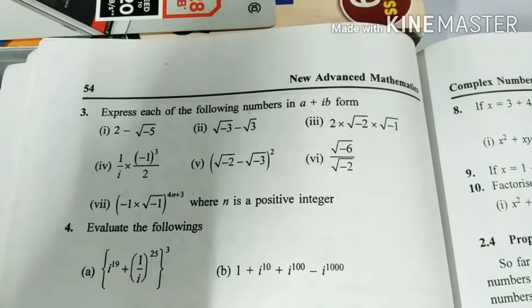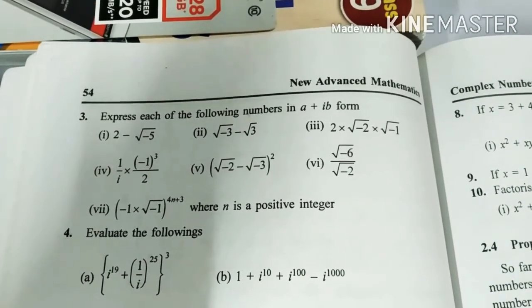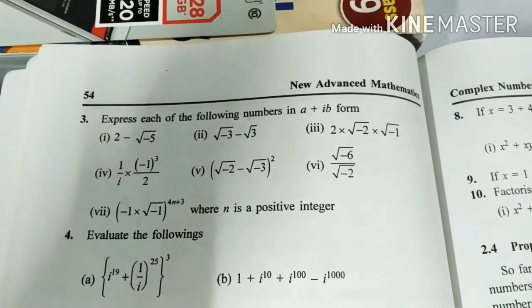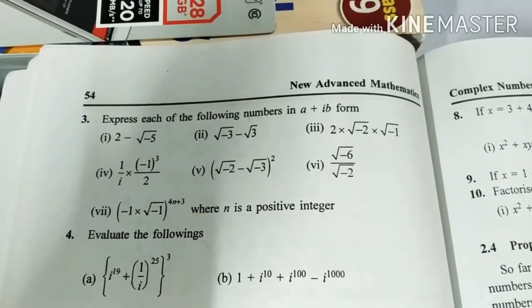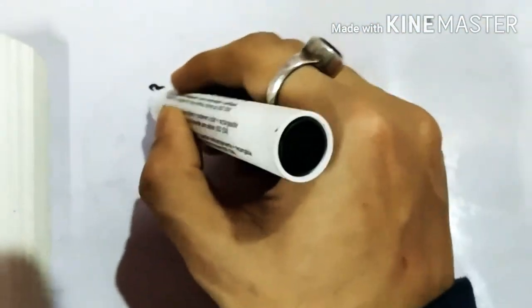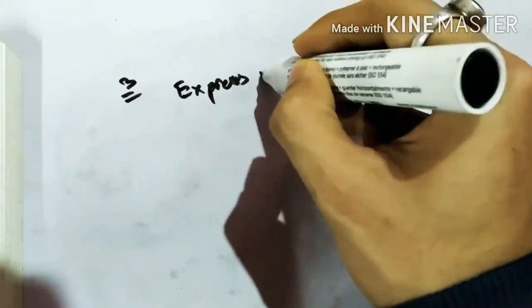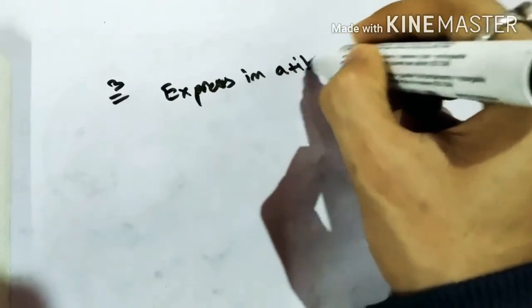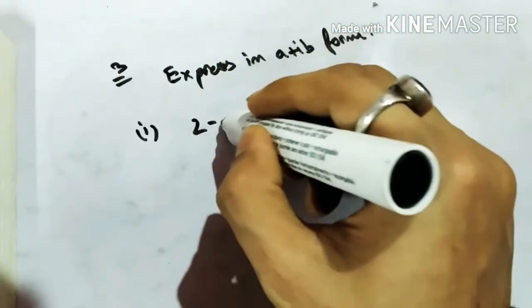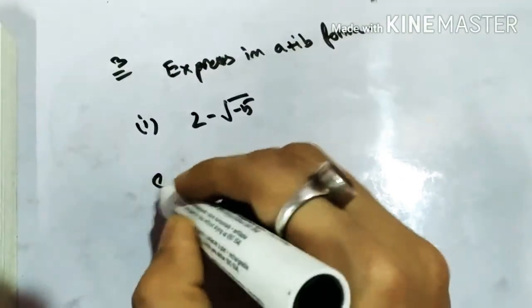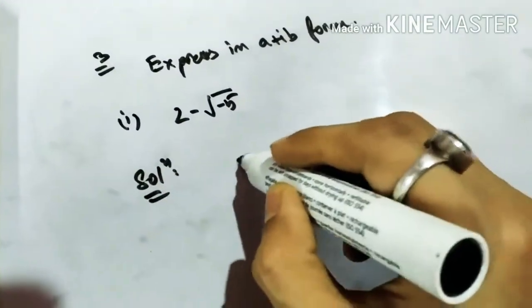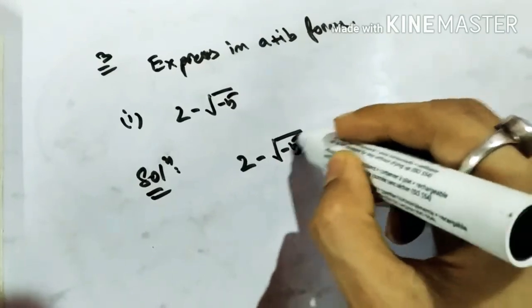Type 3. Express each of the following numbers in a + ib form. 2 − √−5. Express in a + ib form: 2 − √−5.